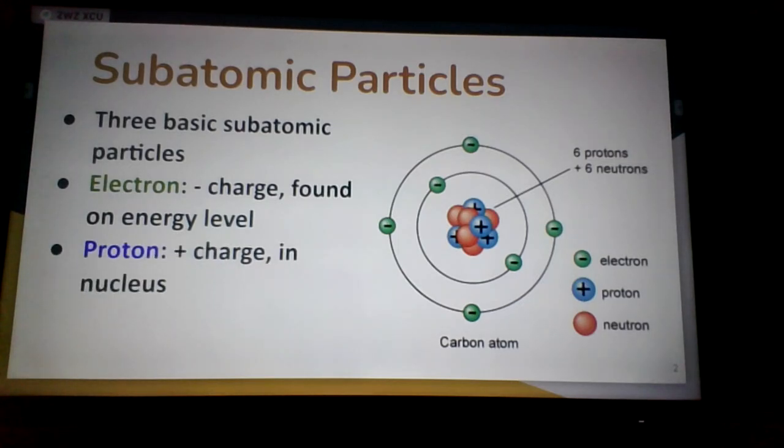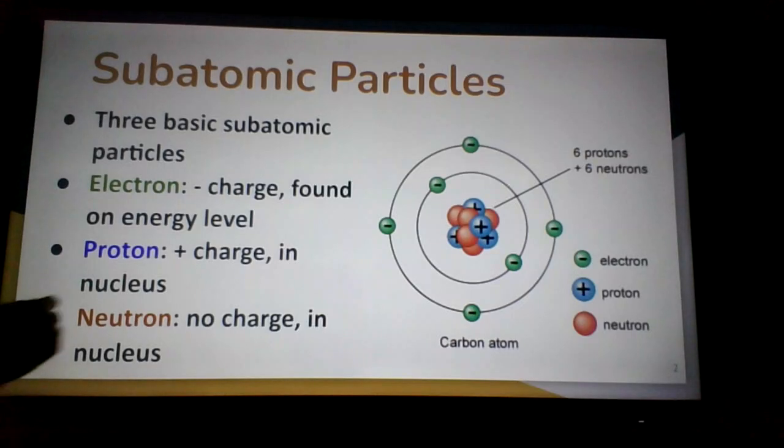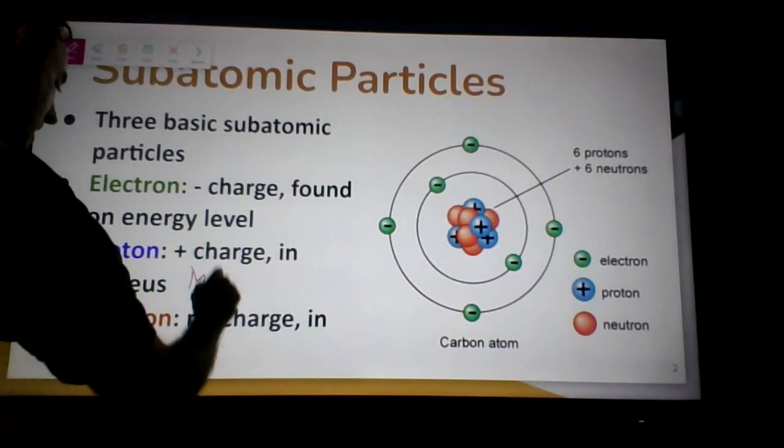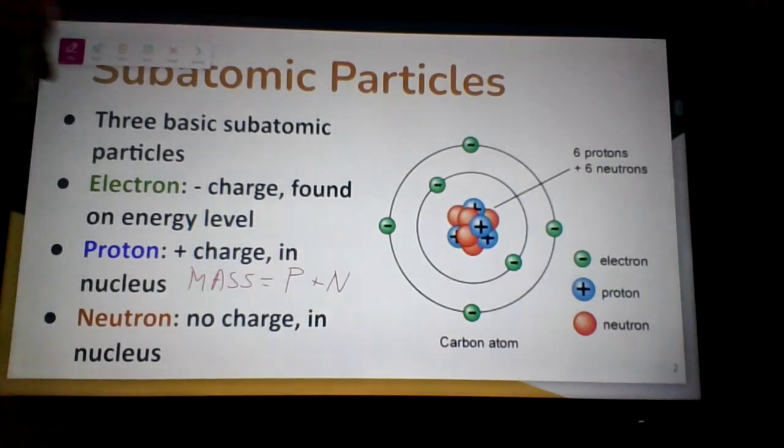They're found in the nucleus, as you see. Look at the blue with the plus signs on them, the positive plus signs. And then the neutrons have no charge. They are also found in the nucleus. And again, the mass of the atom, we find that by simply adding the protons plus the neutrons. That'll give us the atom's mass. Ready?